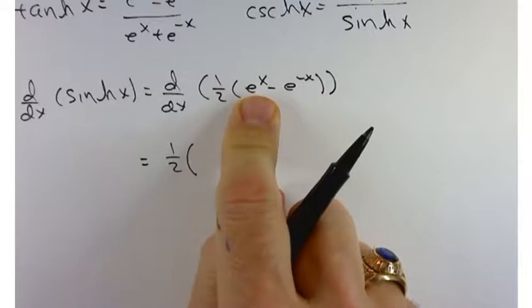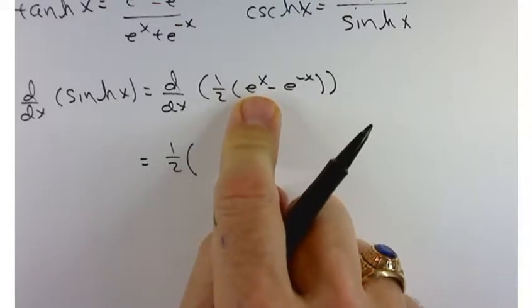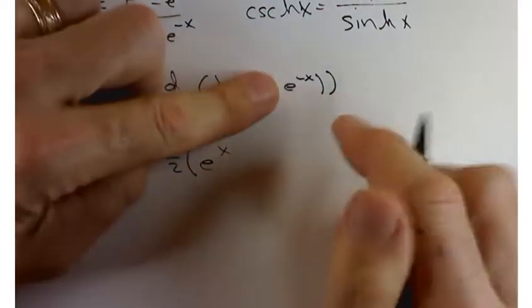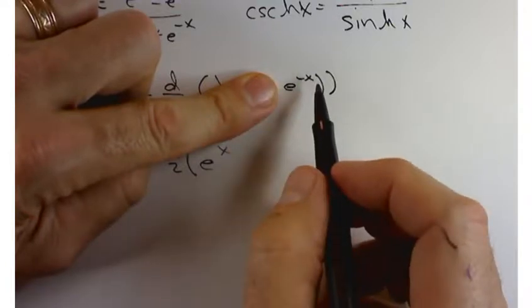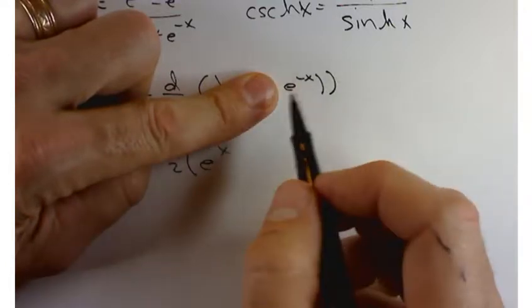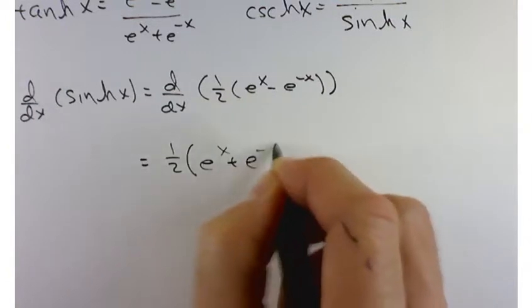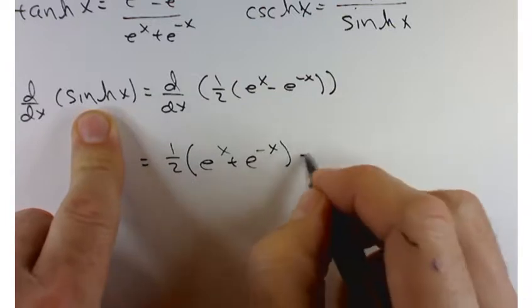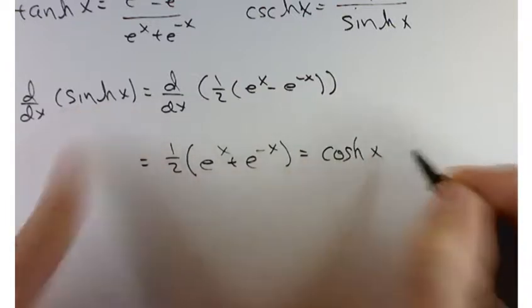What's the derivative of e to the x? e to the x. So, all right, that's pretty easy. What happens when I differentiate e to the negative x? Negative e to the negative x. So that negative is going to cancel with this one. So the derivative of a hyperbolic sine is what? Hyperbolic cosine. It's your cosh.